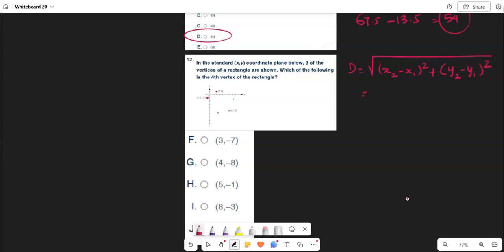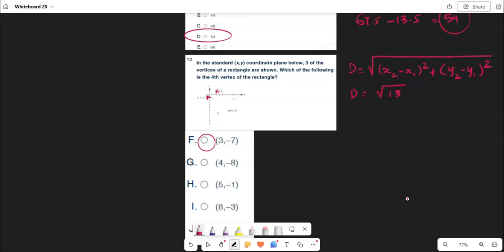I found the distance between the given 2 points at the top, and that distance is square root of 13. Then I looked for distances having the same number, square root of 13.